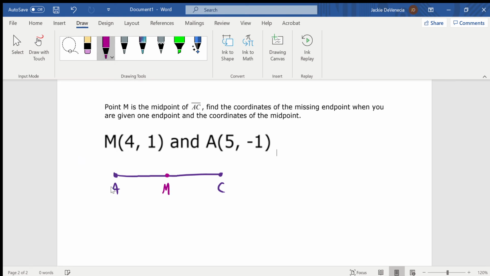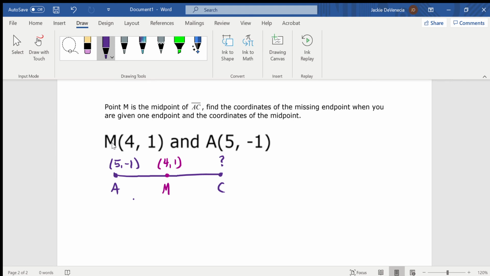That's the one that occurs in the middle. And they gave us the coordinates for the midpoint, which in this case is 4, 1, and for the one of the endpoints, which in this case is A, which is 5, -1. But I don't know the coordinates of C, so I have to go ahead and find those coordinates for C.